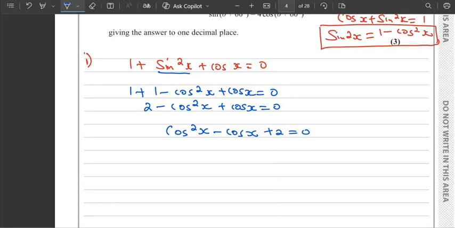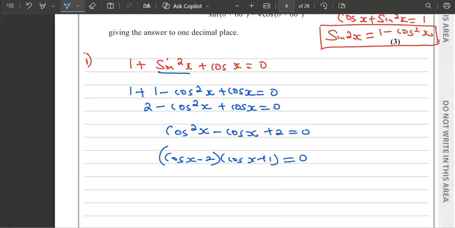So already we have a quadratic equation involving trigonometry. Solving this, we can use the product sum rule. We'll have cos x minus 2, multiplied by cos x plus 1, and this should equal 0.